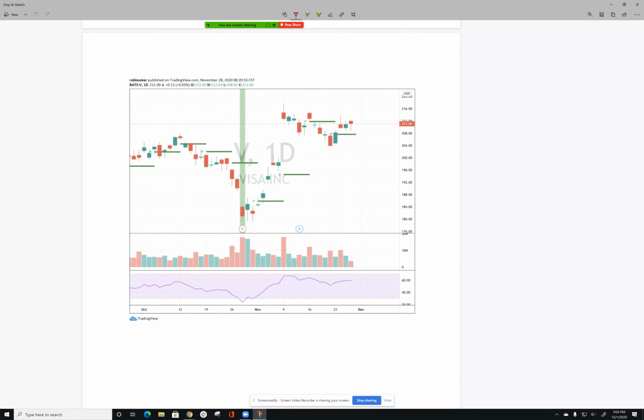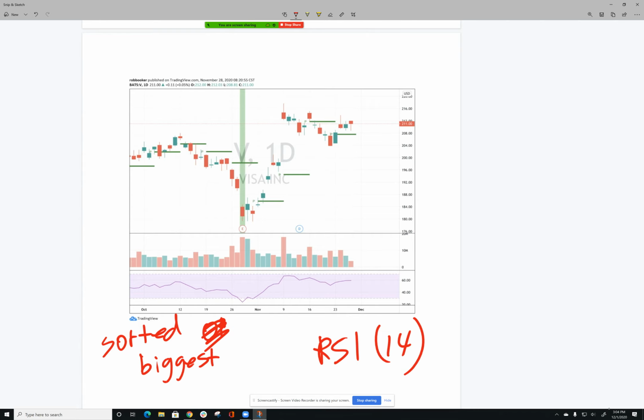I want to look at some bullish ones, and you can see it here on the chart. If I were you, I would set up an RSI set to 14. Every single time I look at a chart, what I was doing just now as I was looking through charts was I sorted on TradingView for overbought, sorted for biggest gainers, losers.